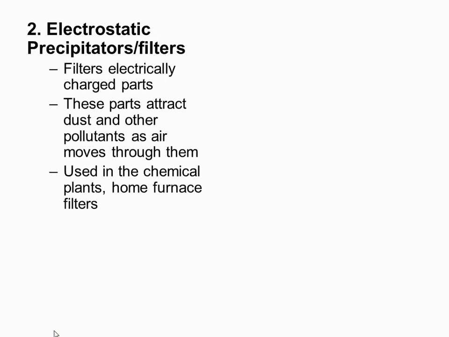Next one. Electrostatic precipitators or filters. Again, used in industry to remove little particles from exhaust. Say they're doing what is called smelting, where they're trying to remove the metal from rock.